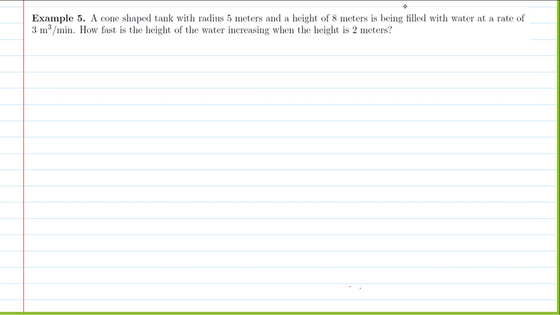All right, so a cone-shaped tank with a radius of 5 meters and a height of 8 meters is being filled with water at a rate of 3 cubic meters per minute. How fast is the height of the water increasing when the height is 2 meters? So in this situation, we definitely need to draw a picture.